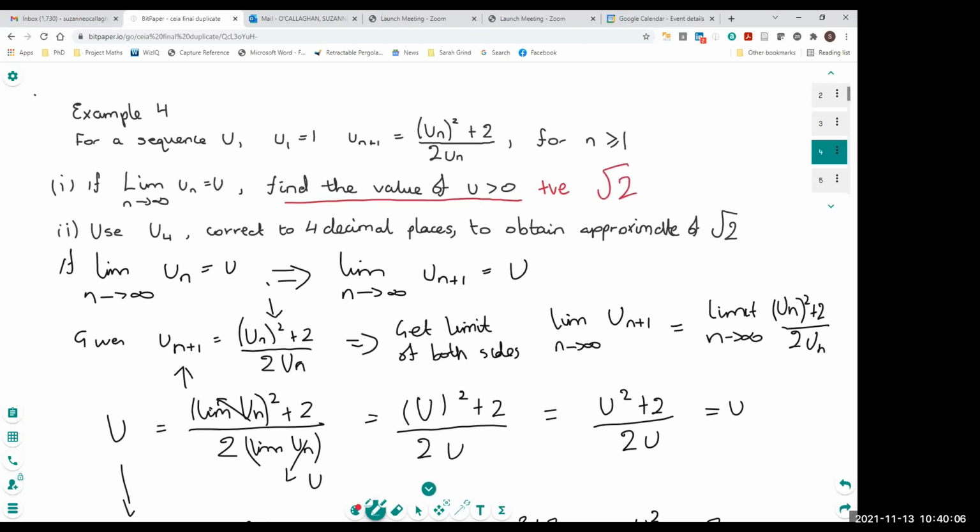So the next part of the question is use u4, correct to 4 decimal places, to obtain an approximate value of square root of 2.